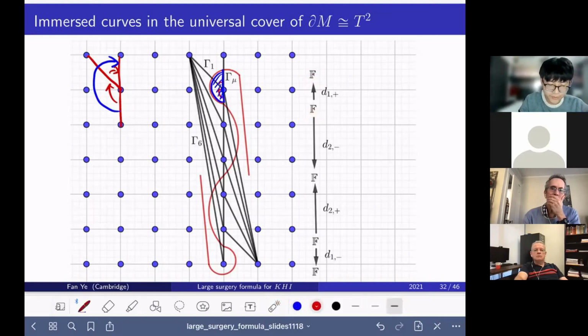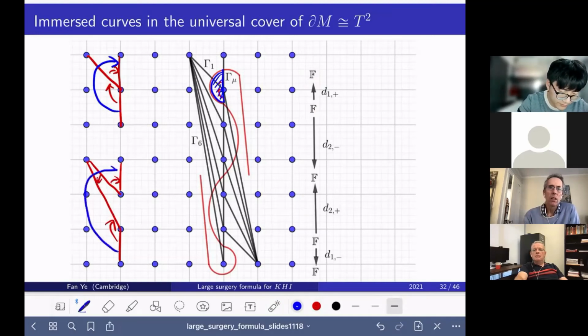And for the map D2, it is the composition of this map, then the inverse of this map, and finally this map. So the composition is roughly this thing, and we can find that it will count this bigon. And then we will get a differential D2 plus from this generator to this generator.